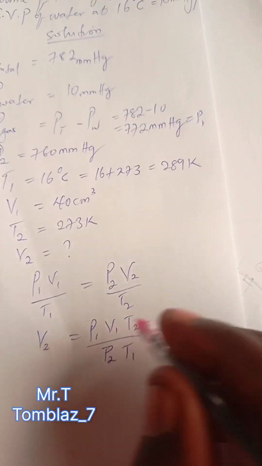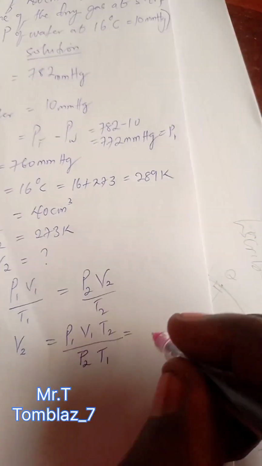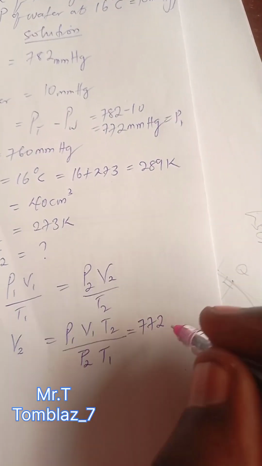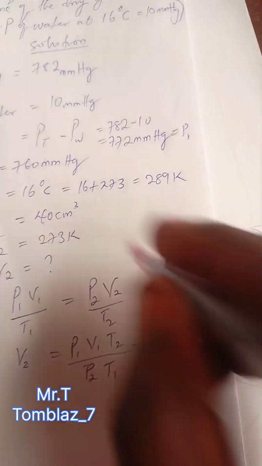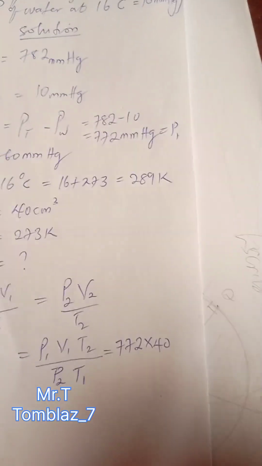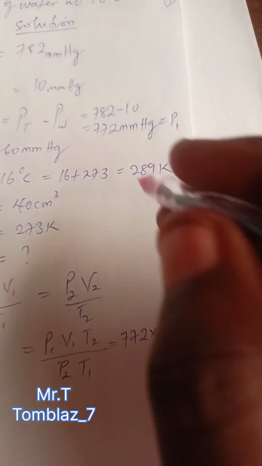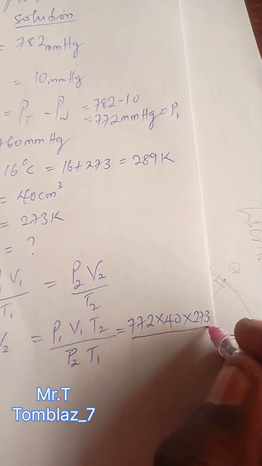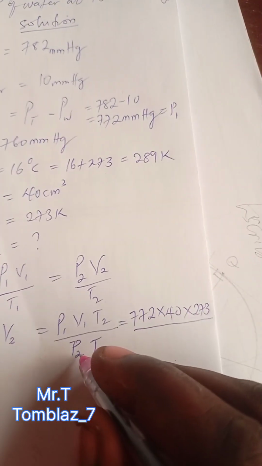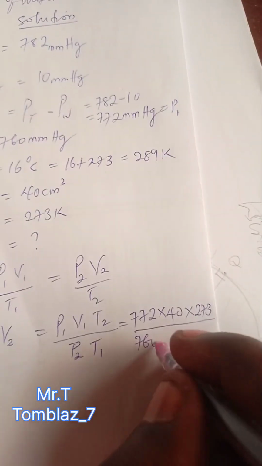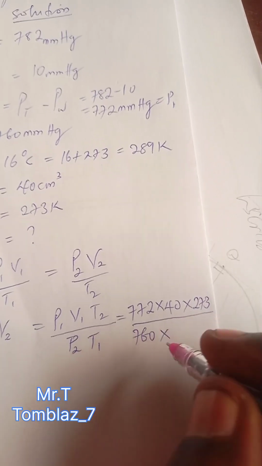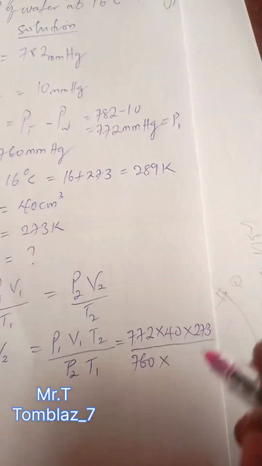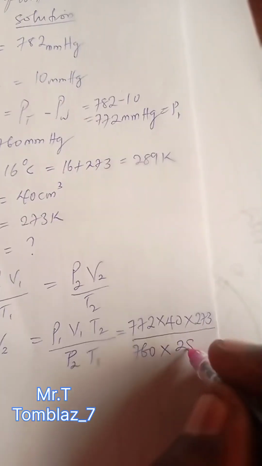P1 is 772 times V1 is 40, times T2 is 273, standard temperature. P2 is 760 millimeter mercury, that's standard pressure, and T1 is 289.